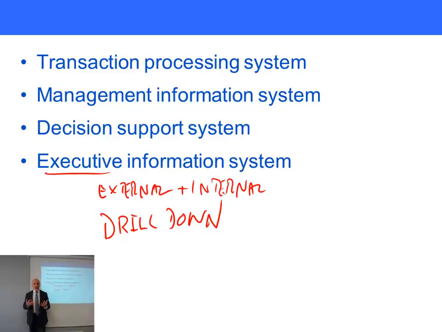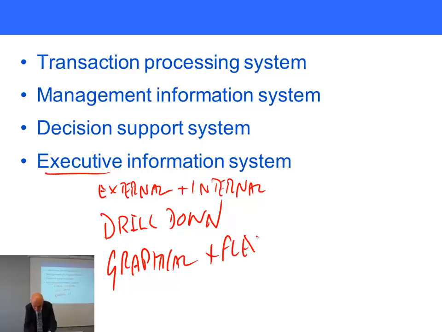And the final element, which is often associated with executive information systems, is graphical. Quite a strong graphical interface and flexibility. Flexibility to find information you want, to maybe search for particular results of the business and so on.